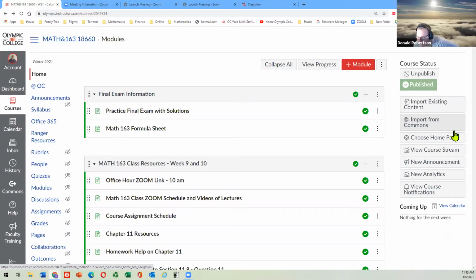So when the day of the final comes around, the only things you'll have that were supplied by me will be the formula sheet, the final exam, and a link to upload your work in. So you've got a week to decide what you need physically printed or written down, all your notes, all your extra formula sheets, because my formula sheet's not exclusive, and some people don't just like formulas.